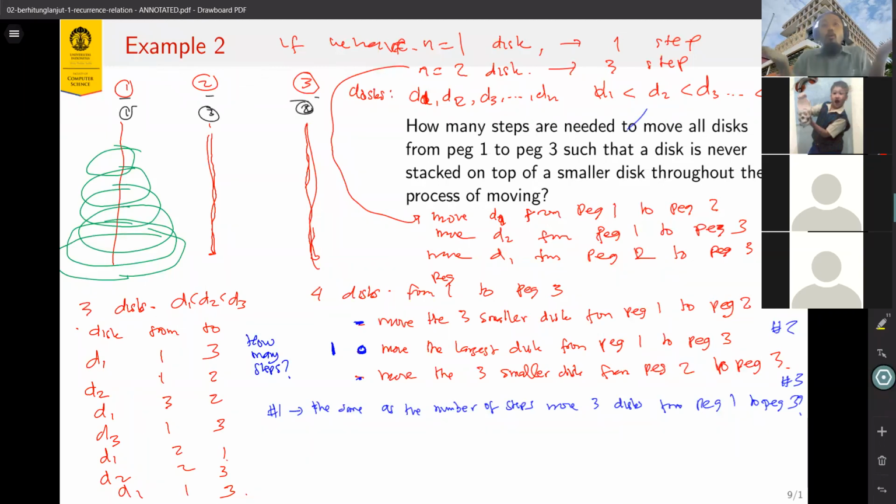Or we could just move the pegs around. So it's the same. That means part 1 is the same as the number of steps of moving 3 smaller disks from peg 1 to peg 3.